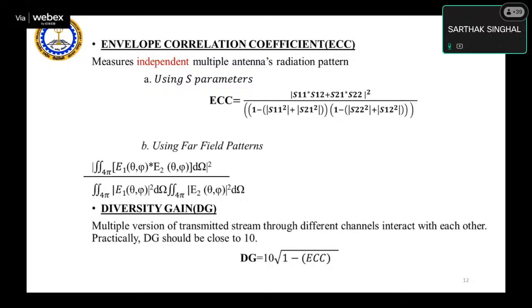If your ECC is 0, that is the radiation patterns and the S parameters are uncorrelated, then your diversity gain will be 10, and if your ECC is higher, then it decreases.